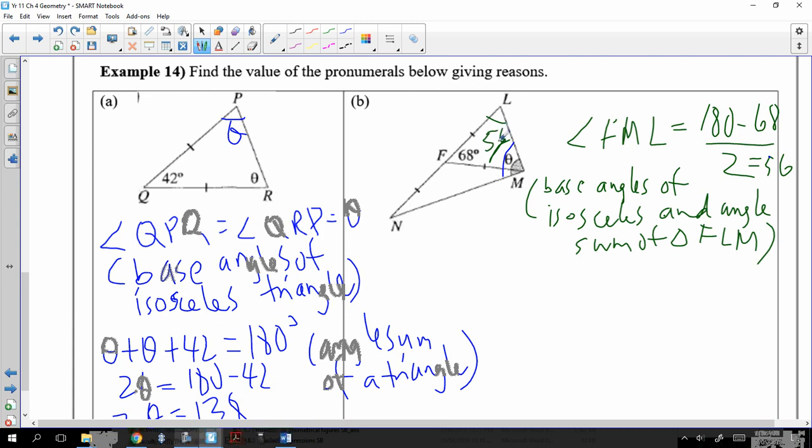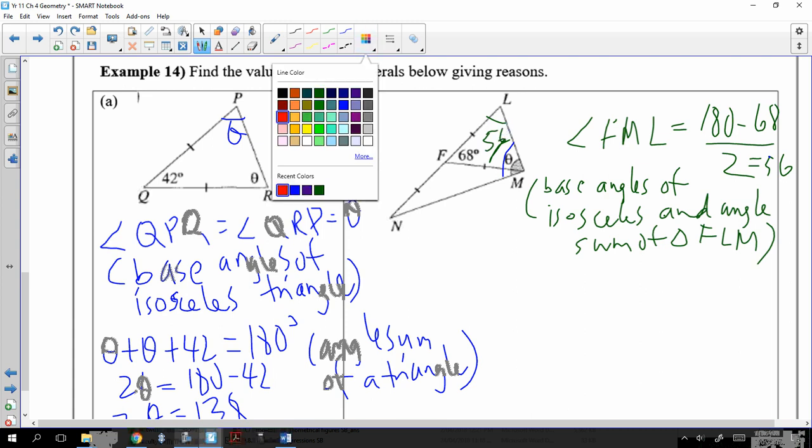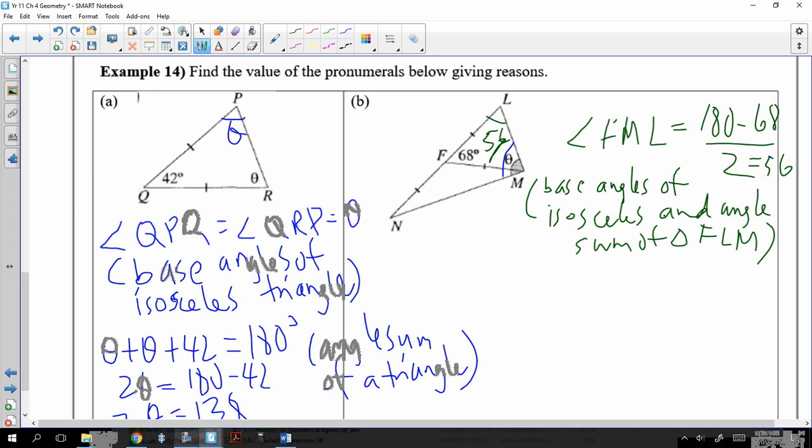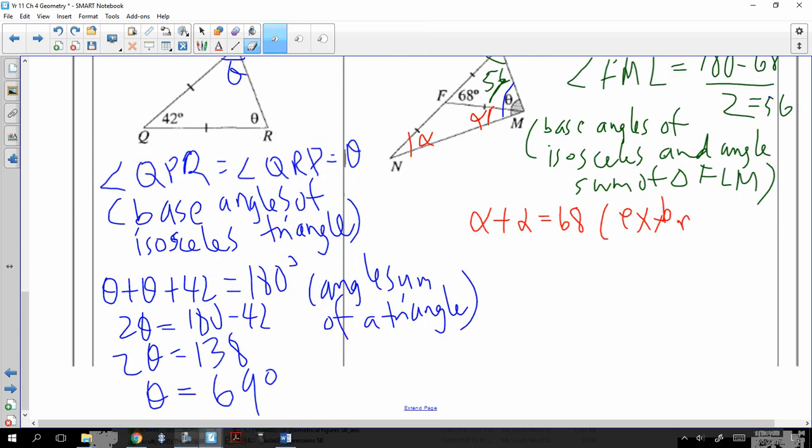Let's call this alpha as well because its base angles are equal in the isosceles. And then to find alpha, all you do is alpha plus alpha equals 68. Exterior angle. Okay, see that's an exterior angle of a triangle. Yeah, it's a different triangle, FLM.